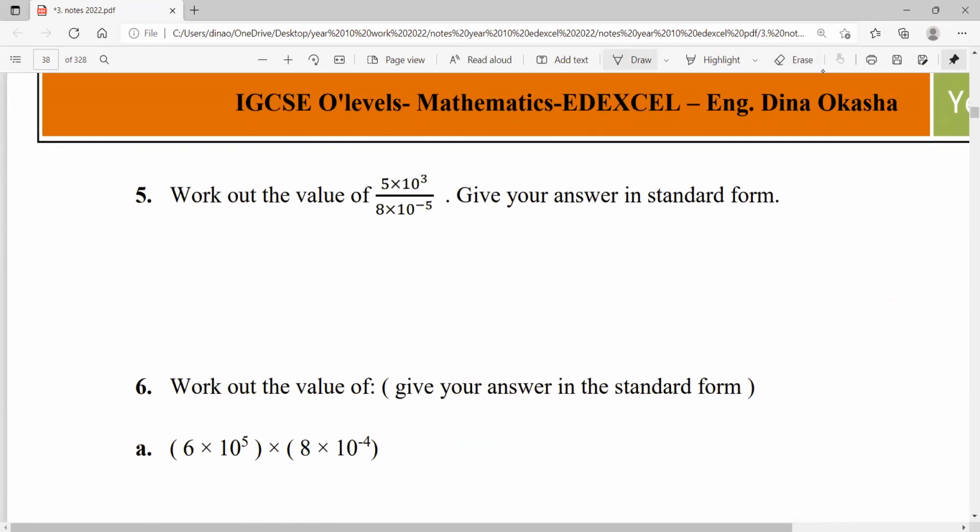I'll work on the numbers only and then I'll work on the decimals on the 10 part.